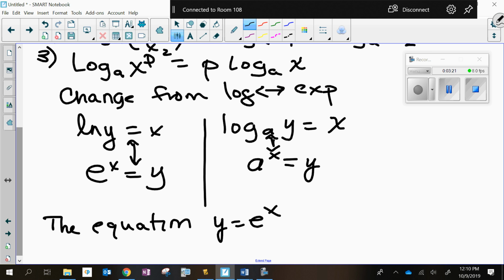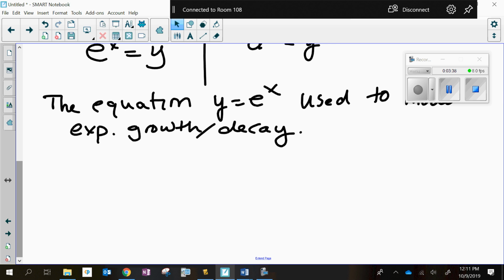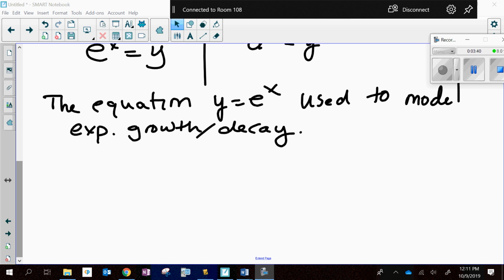Remember what's usually used to model exponential growth and decay. And honestly, we'll do more of this in chapter 7. The actual exponential growth and decay is way down the road, but we're just going to do derivatives now.